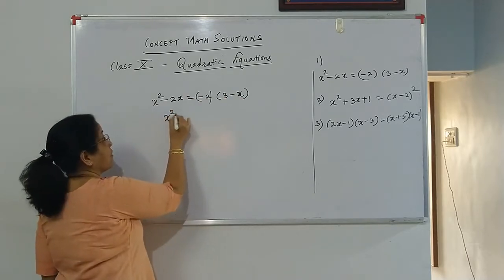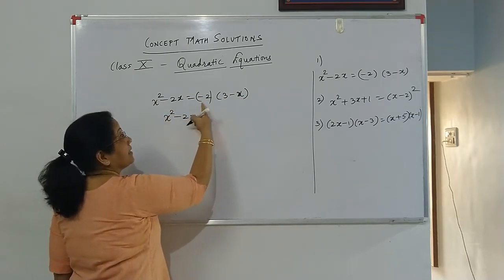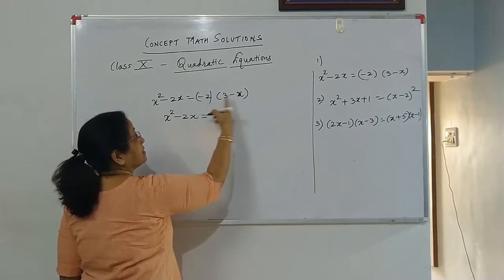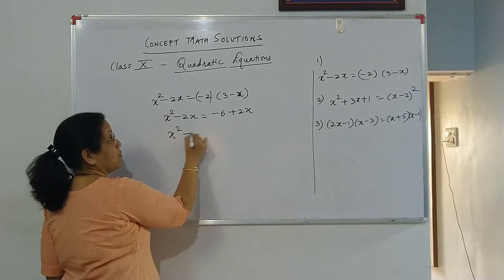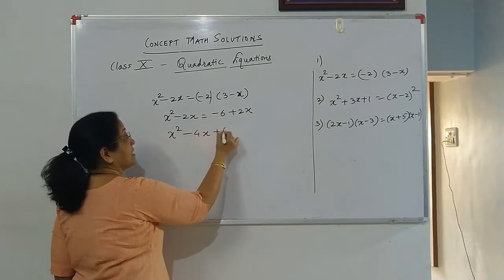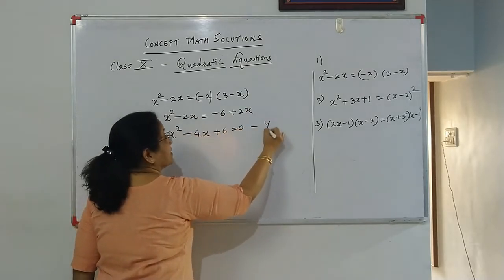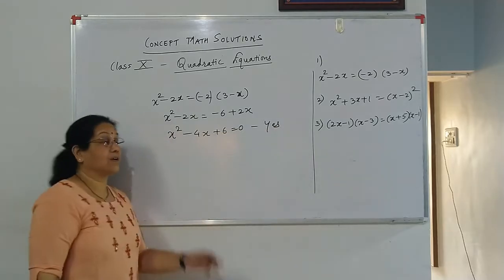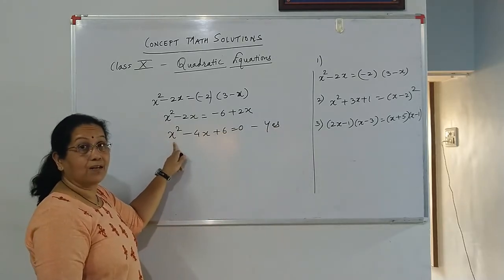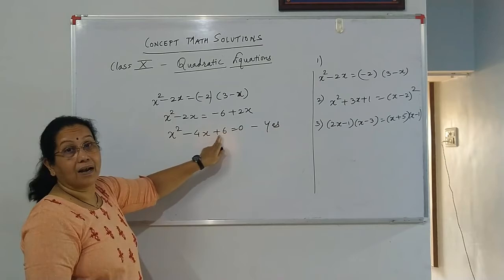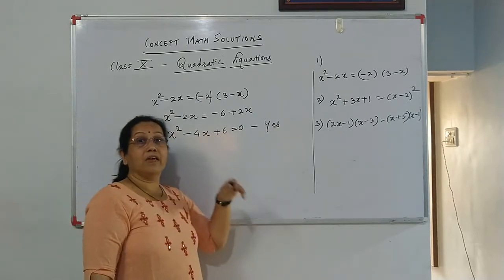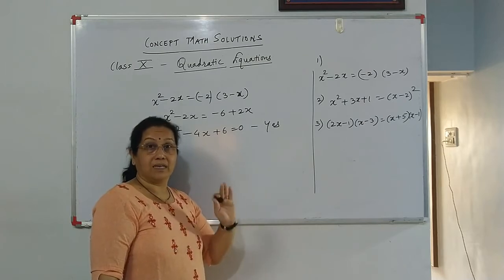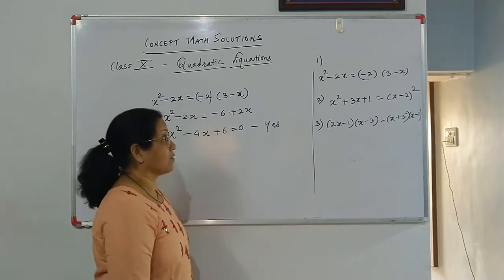So I have x square minus 2x equals minus 6 minus 2 into minus x, that is plus 2x, right? That gives you x square minus 4x plus 6 equal to 0. Yes, it is a quadratic equation because x square is degree 2, then degree 1 and degree 0. So when the highest power of the variable is 2, then it's a quadratic equation.